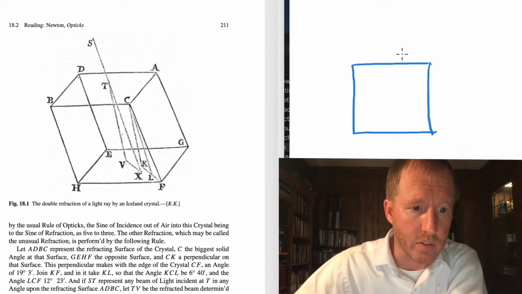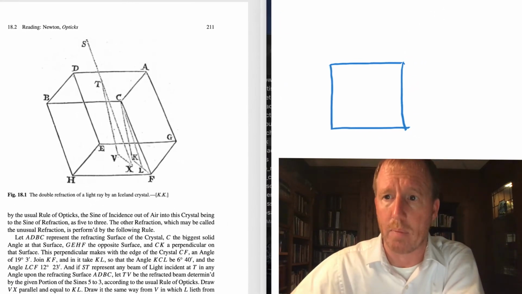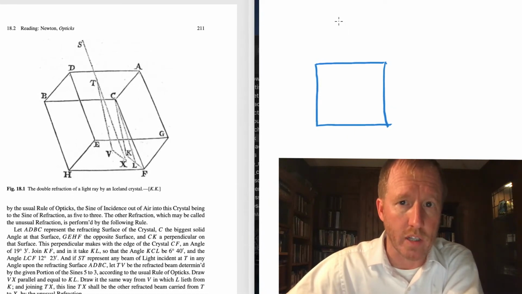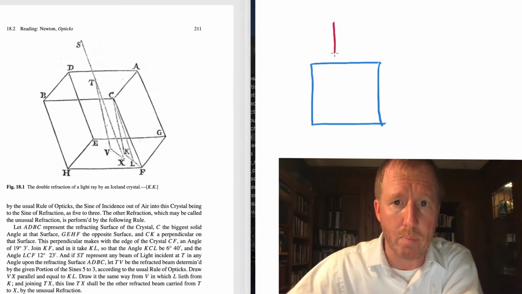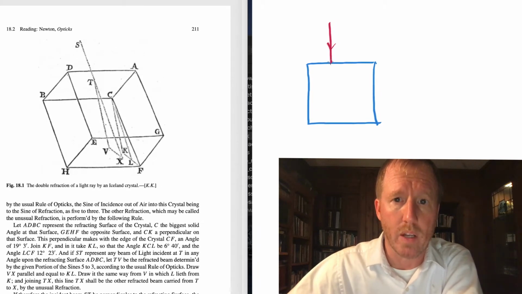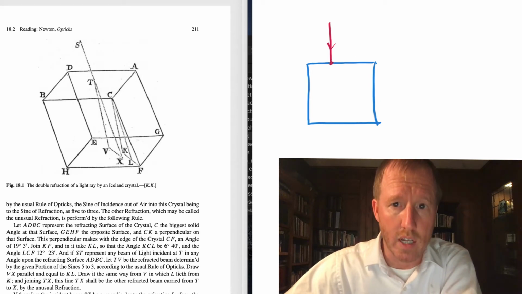And he mentions if you were to have a beam of light coming from the top, and I'm going to make this a red beam of light. I'm reading at the bottom of page 211. If you have a beam that comes in perpendicularly to the top, like this, well, what you'd expect when you have a beam coming in perpendicular to the surface is you'd have the beam going straight in, right?